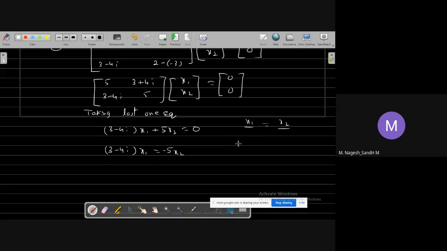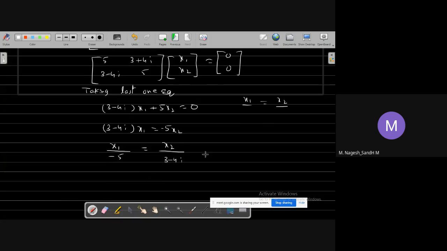With cross multiplication: x1 by minus 5, next x2 by 3 minus 4i, is equal to some k1.